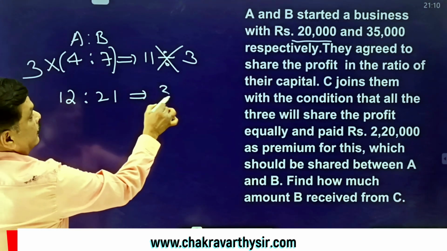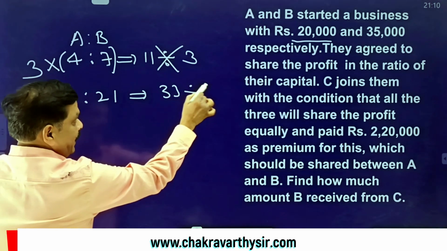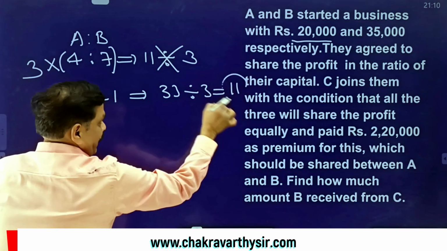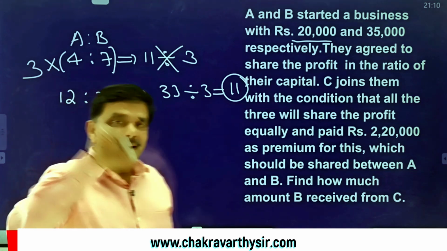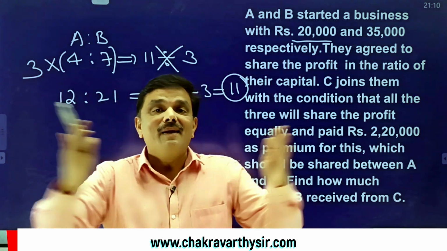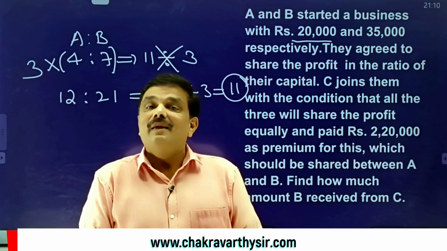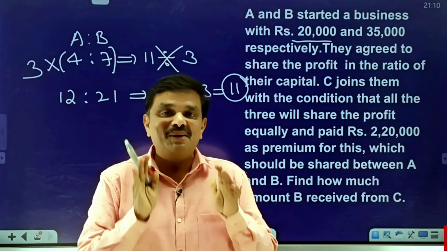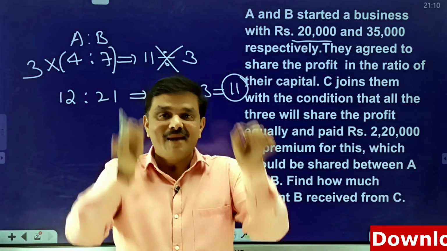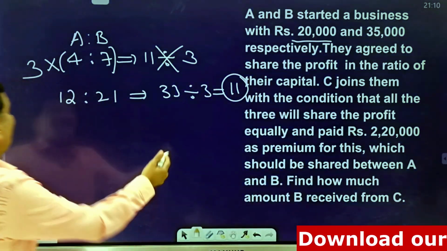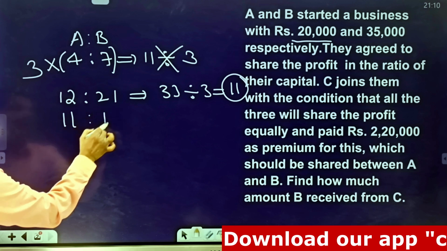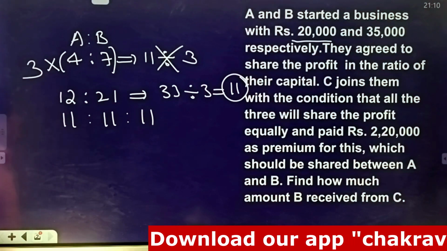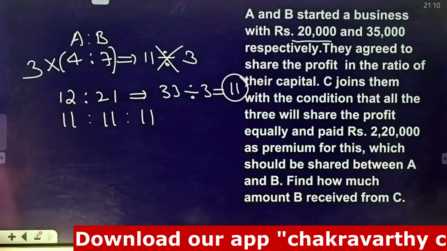Now you see 12 plus 21, directly you do it: 30, 32, 33. So this is 33, which can be divided by 3, giving the result as 11 shares per person equally. Now the investment ratio is equalized. As per that ratio only, the profit must be distributed among A, B and C. Now here it should be 11:11:11, so 1:1:1 equal profit.